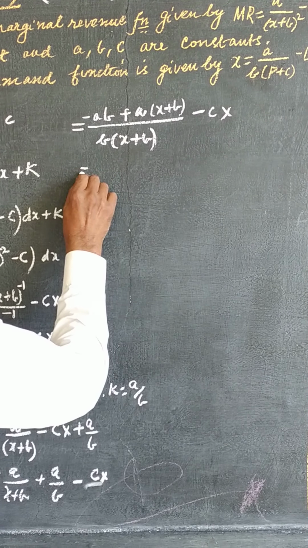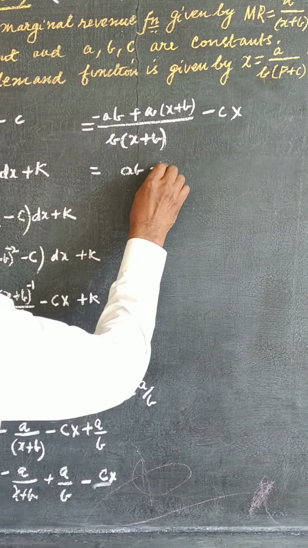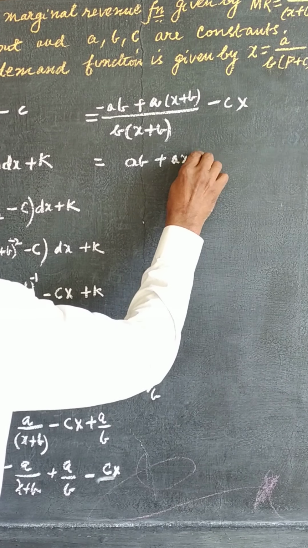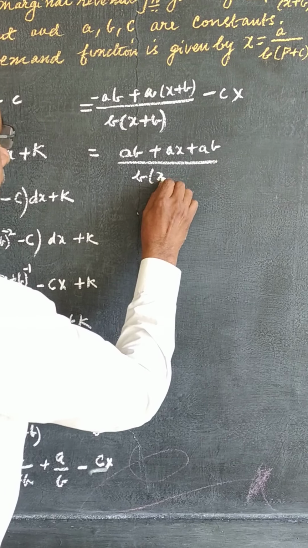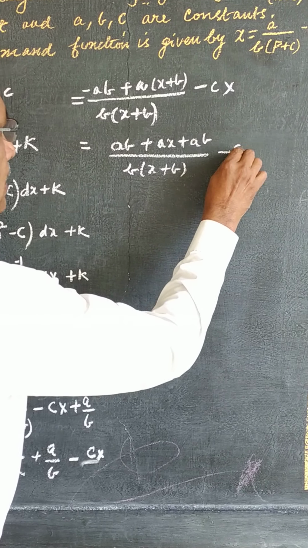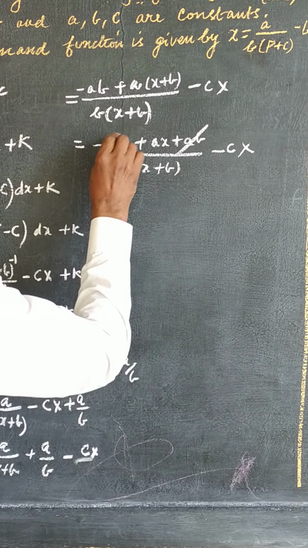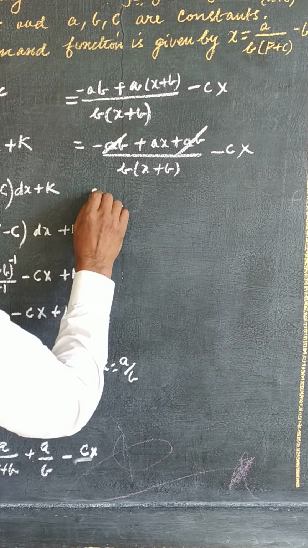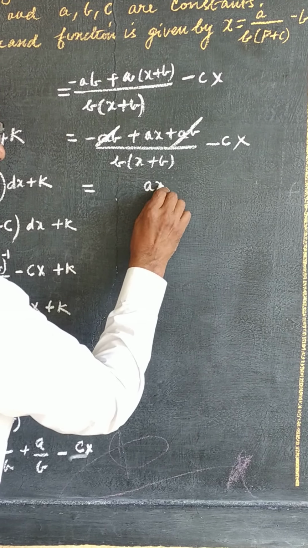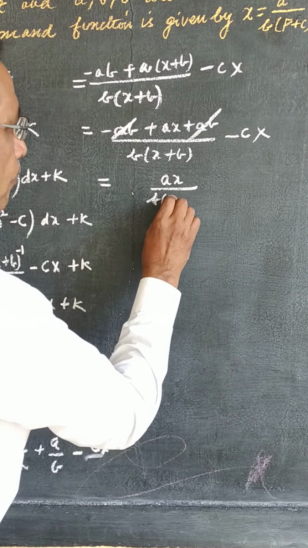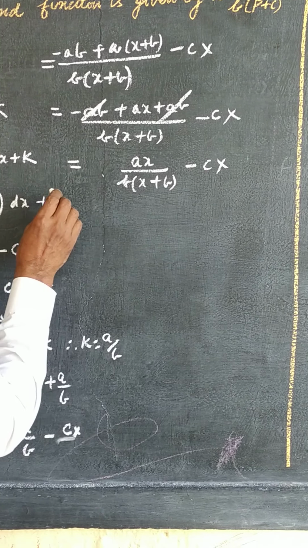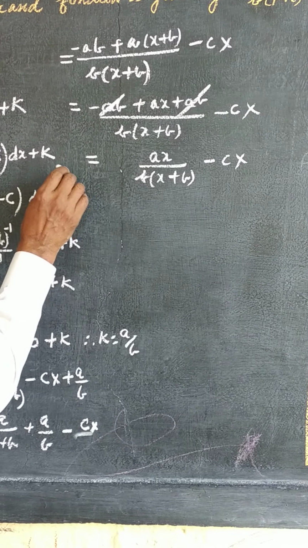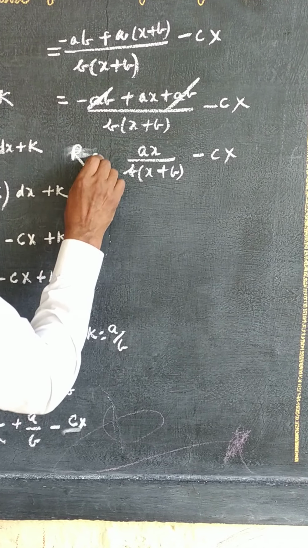That is equal to minus AB plus AX plus AB by B into (X plus B) minus Cx. This AB and minus AB gets cancelled. So what remains? You get only AX by B into (X plus B) minus Cx. This is the value of R.